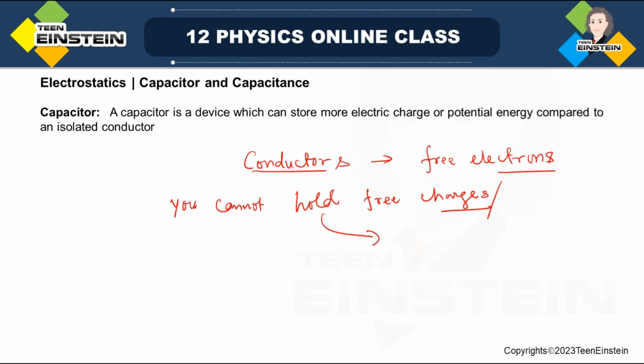Since we cannot handle them, better to put the free charges into the conductor. We cannot keep them as we like, but one property conductors have is that they can possess free electrons. That means they can hold them inside.